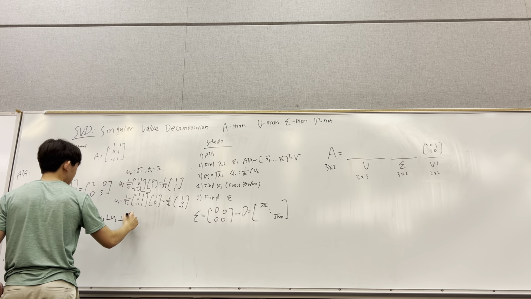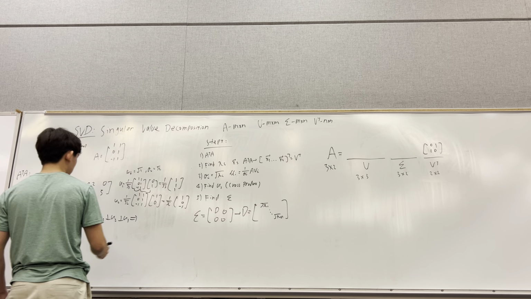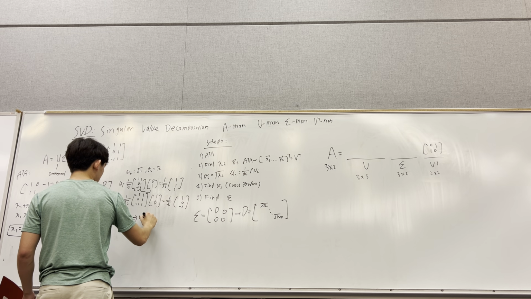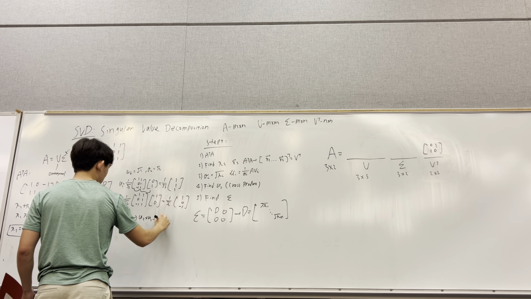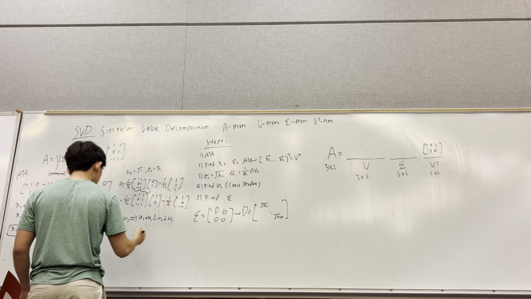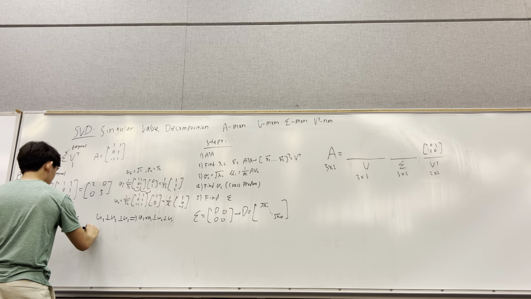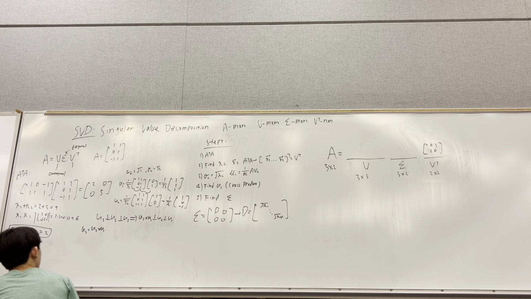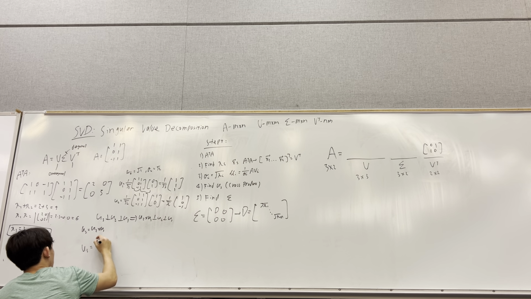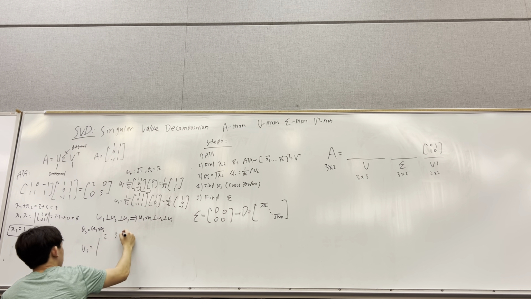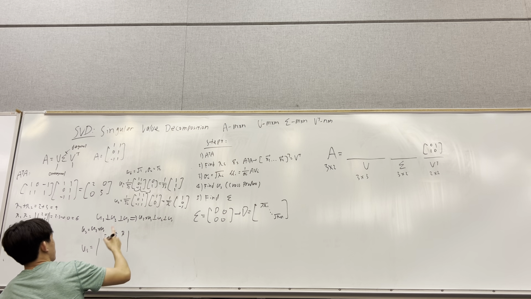We can simply use the cross product to solve for u3. We know that u2 cross u1 is orthogonal to both u2 and u1. So we can have u3 equal to u2 cross u1, and we can compute it in the following way.